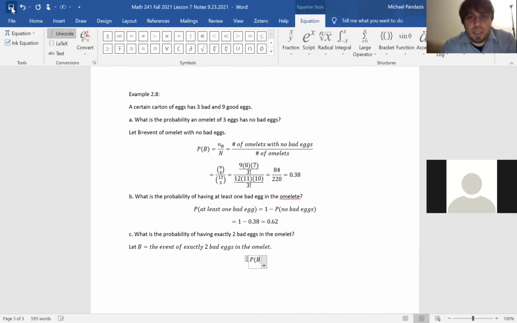We want the probability of that event B. That's n sub B divided by capital N, which is the number of omelets with exactly 2 bad eggs divided by the number of omelets.